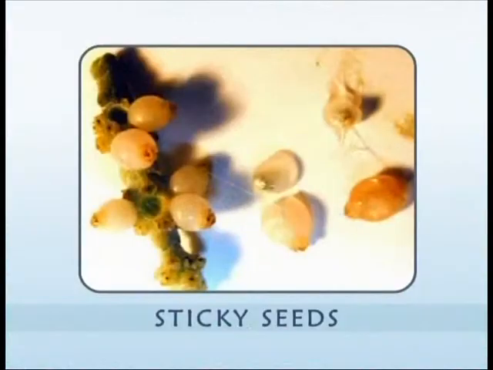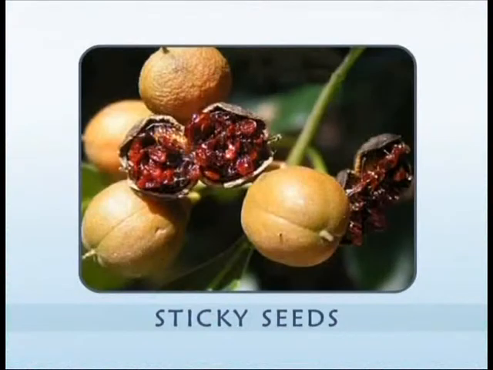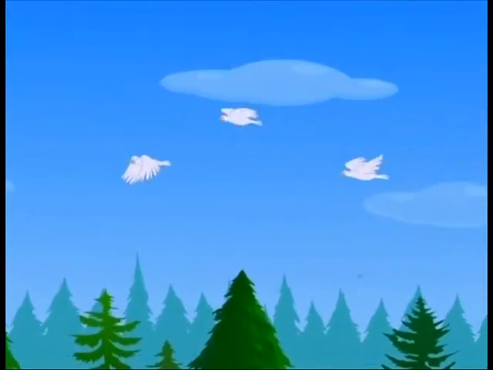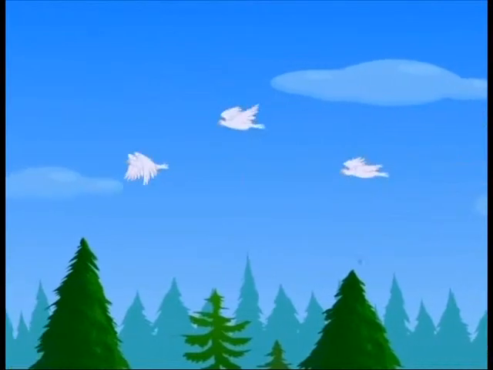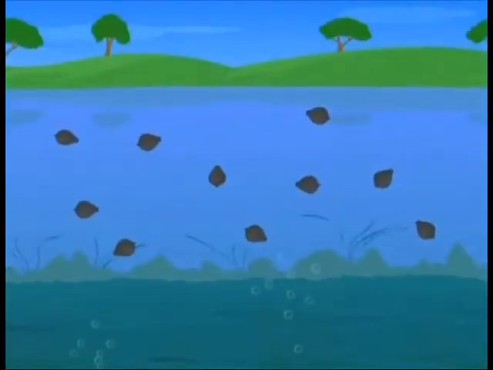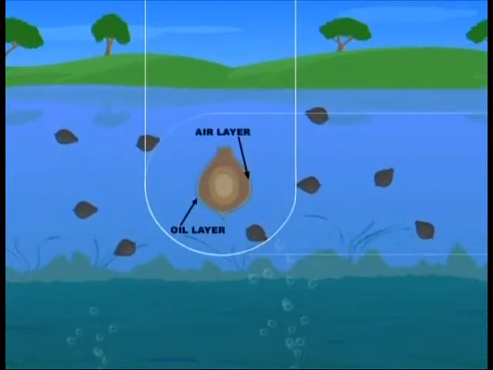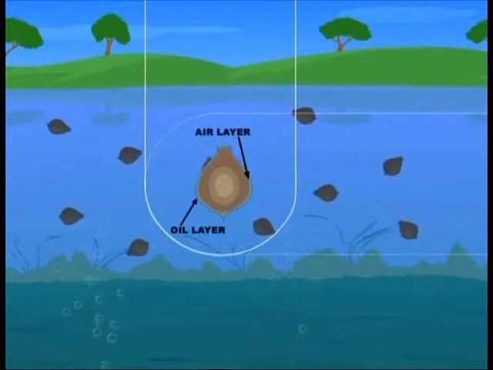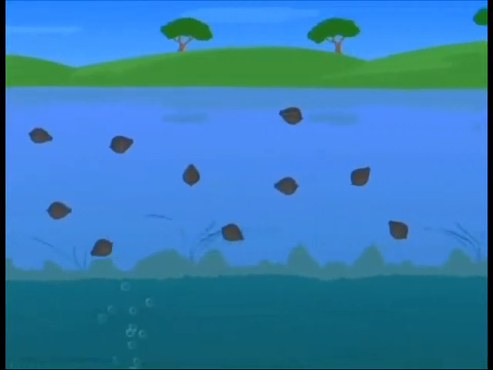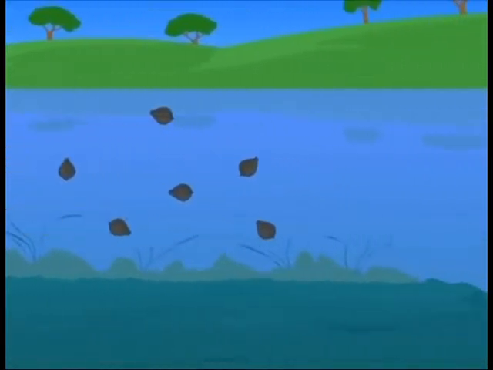The sticky seeds of grass-like plants called rushes stick to the feet of the birds or their feathers and travel to far-off places along with the birds. Many plants, like water lilies, have fruits or seeds containing air spaces or drops of oil. This allows them to float in water and cover long distances.